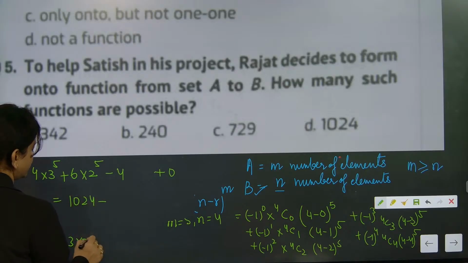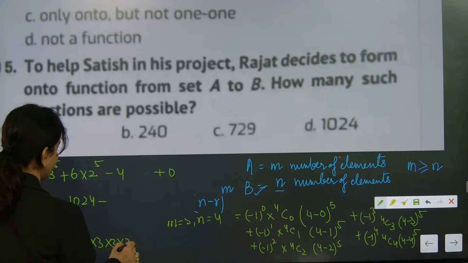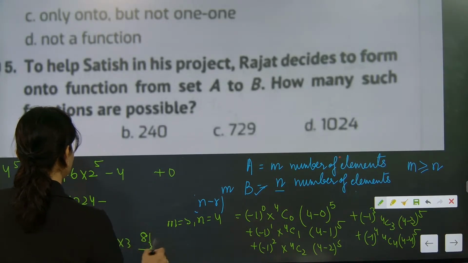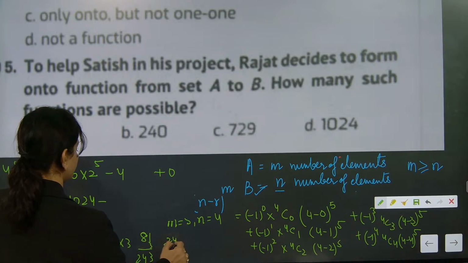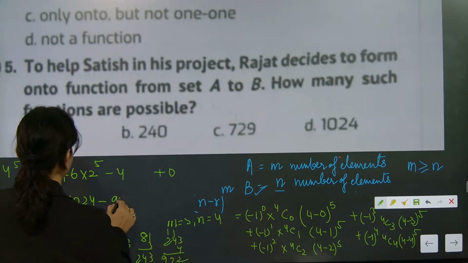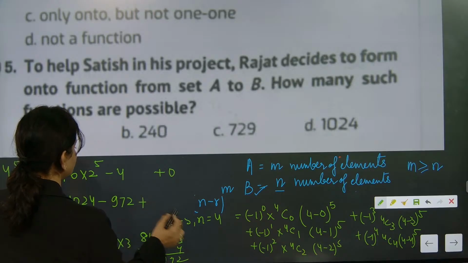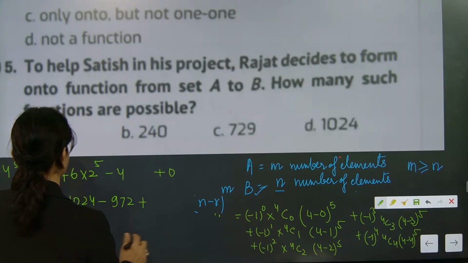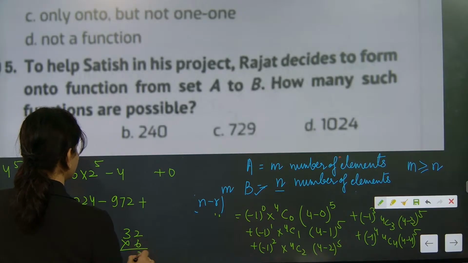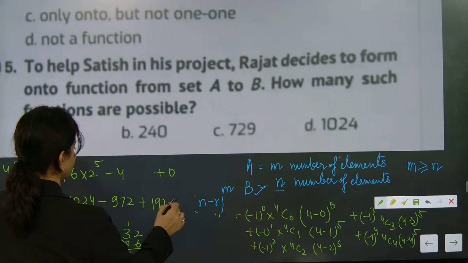Minus 3, 3, 9, 27, 81, 243. 243 into 4 is 972, plus 32 into 6, which is 192, minus 2.